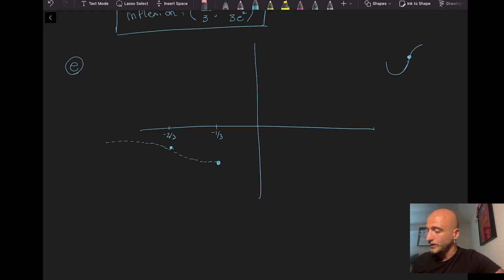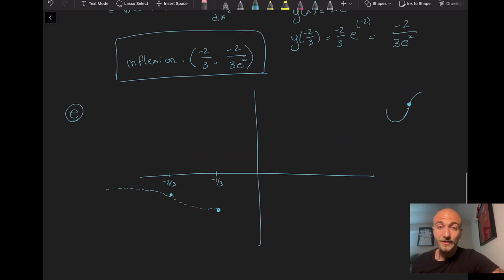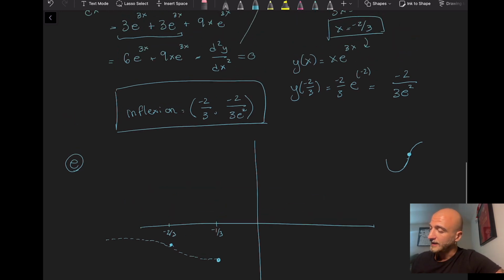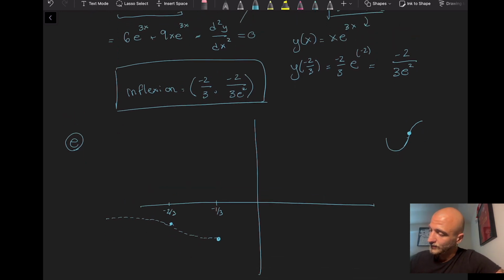And then we're going to figure out, well, where does it go after this? To figure out where it goes after this, we need to figure out any intercepts. So to figure this out nice and simply, remember this is xe^(3x).